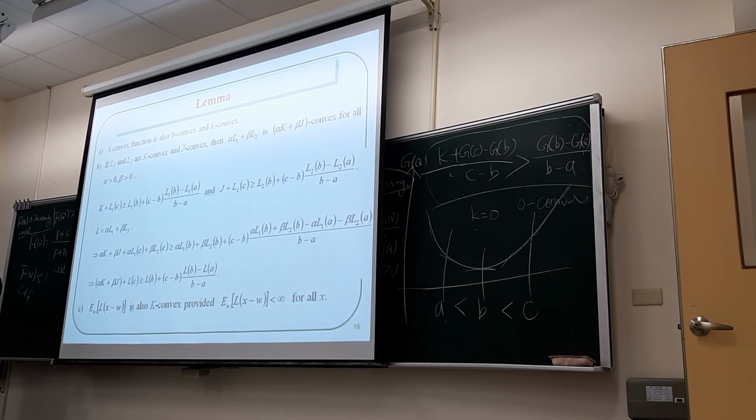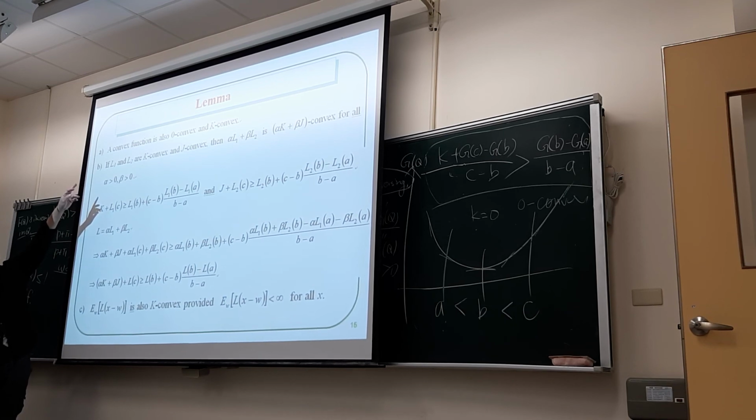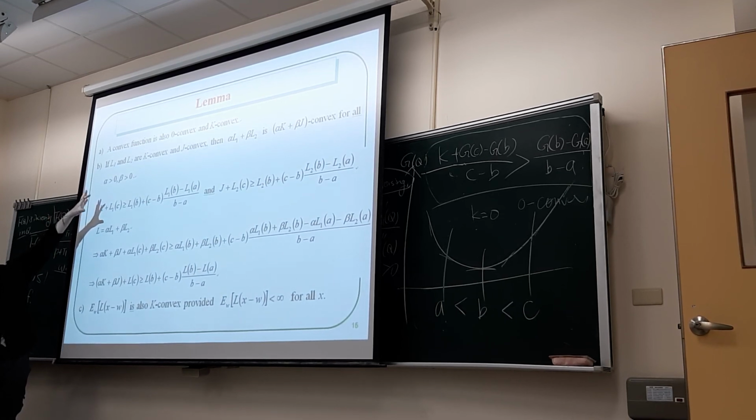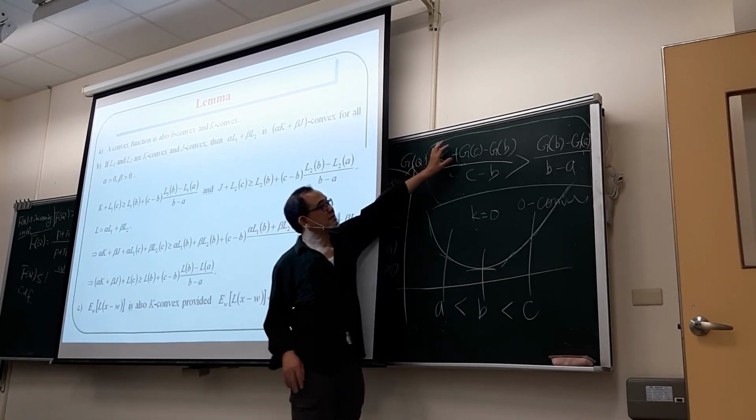Okay. You see. So next week we are starting to show the lemmas. The first one is very easy. A convex function is also 0-convex and K-convex. Wow, 2 things. Not only 0-convex, you see? As long as this holds, right?